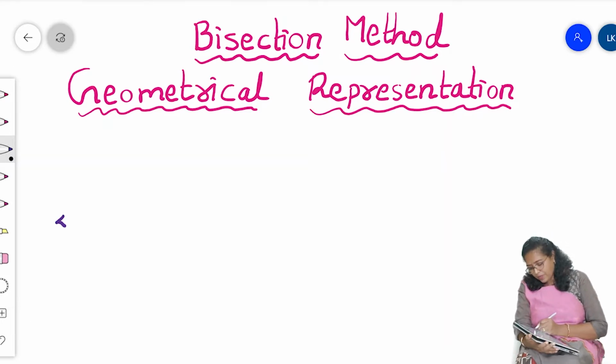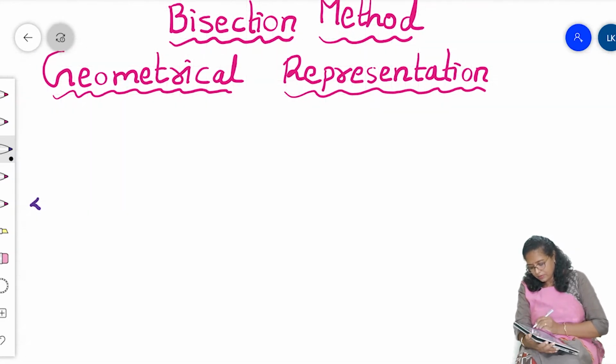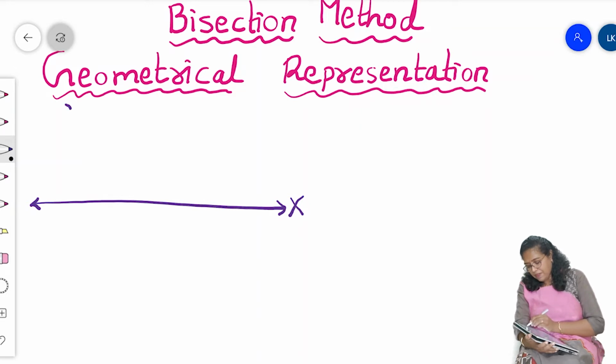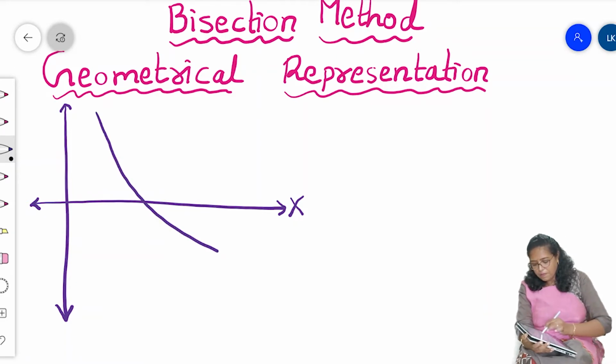First draw the x-axis, then the y-axis. Let y equals f(x) be a continuous curve.